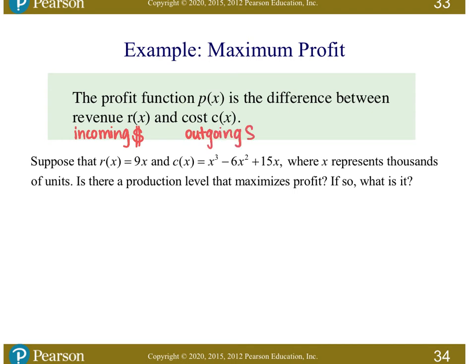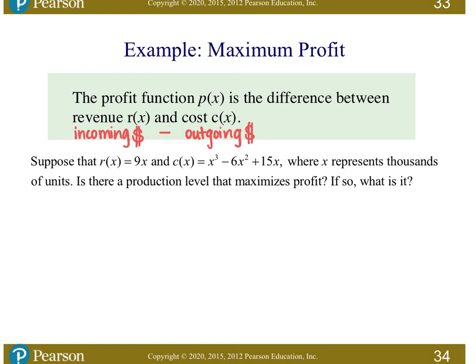It's not the cost to the company, it's the cost to the boss, to the employer. He's got to pay his workers, he's got to pay for materials, he's got to pay his insurance. So the profit is the difference between them. So it's incoming minus outgoing.